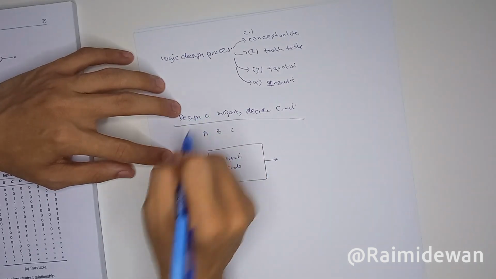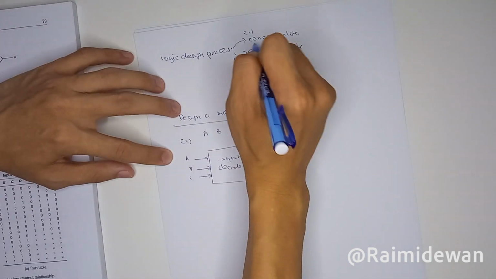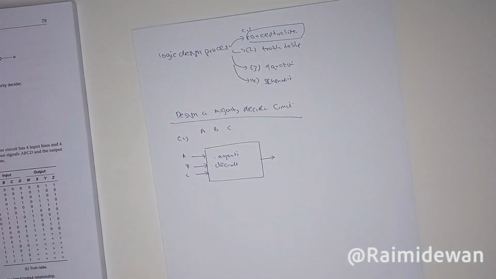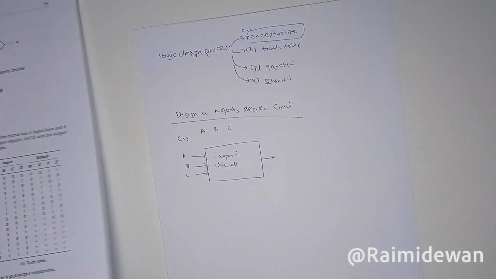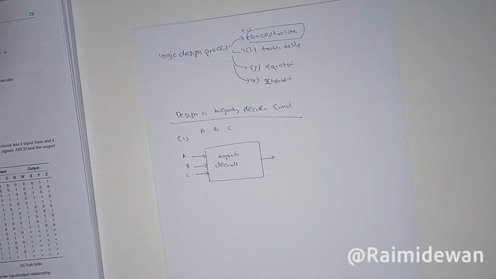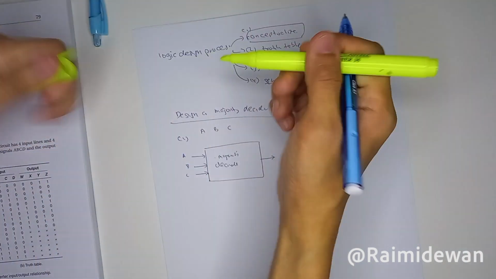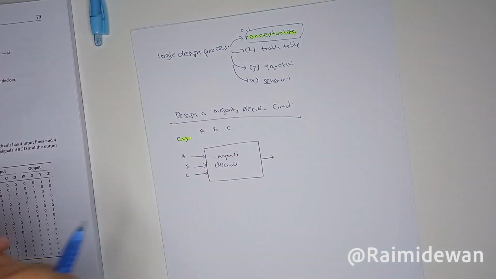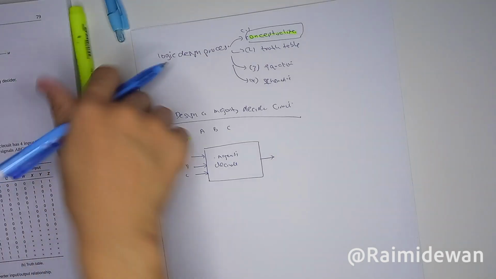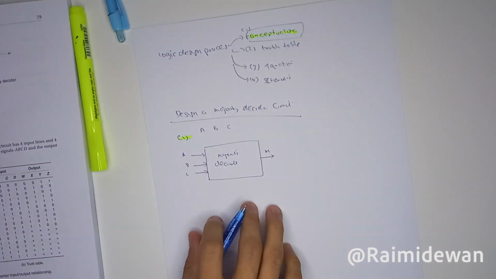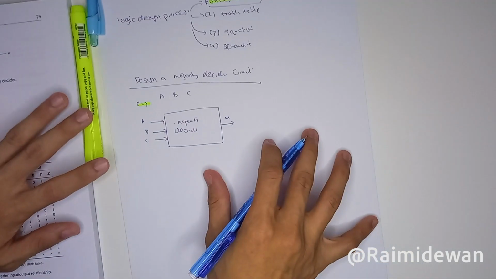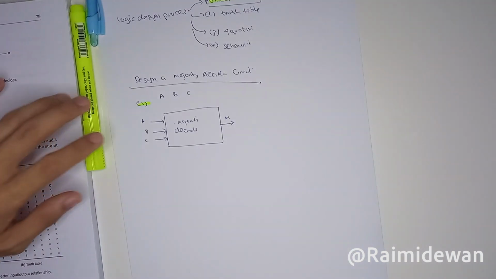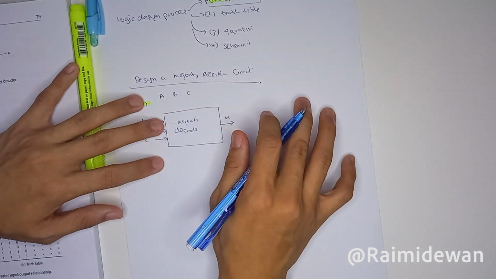At this stage it is the conceptualize step, and this is the resulting function. Then you do the corresponding truth table.